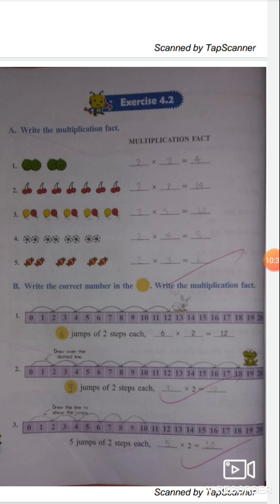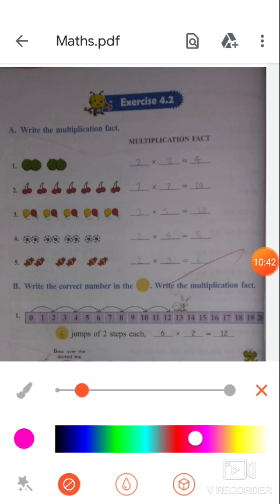Now students, let's come to exercise number 4.3. Question number A. Write the multiplication fact. So students, in this picture there are two groups of watermelons. So here 2 multiplied by 2 equals 4.